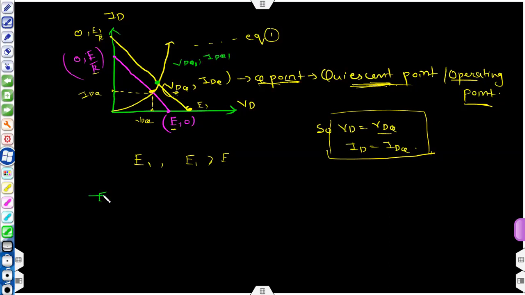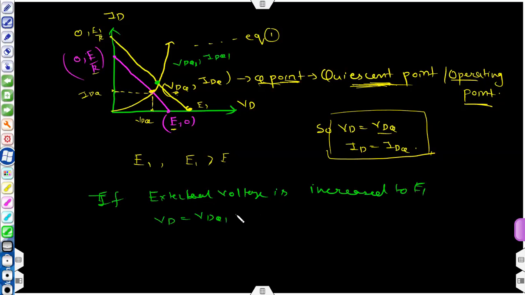So if the external voltage is increased to E1, VD becomes VDQ1, that is obviously greater than VDQ, and ID becomes IDQ1, that is again greater than IDQ.